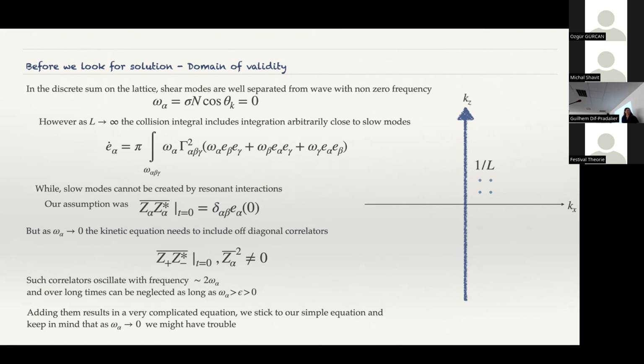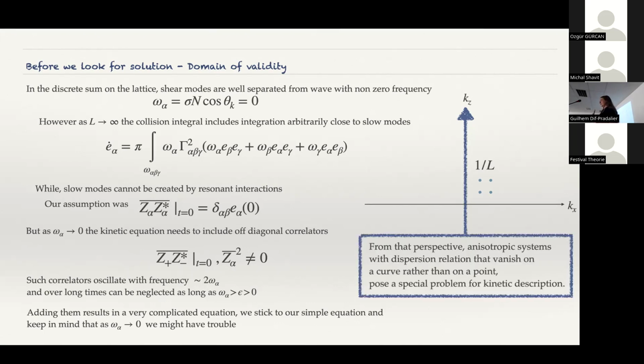But when I take L to infinity, I'm going to get closer and closer to the shear modes. And one assumption that is going to break is the Gaussianity assumption. So this is no longer going to hold. If you consider this equation, one thing I need to remember is that it should break down when I take omega alpha to 0.